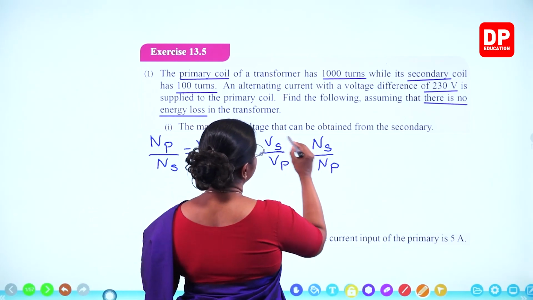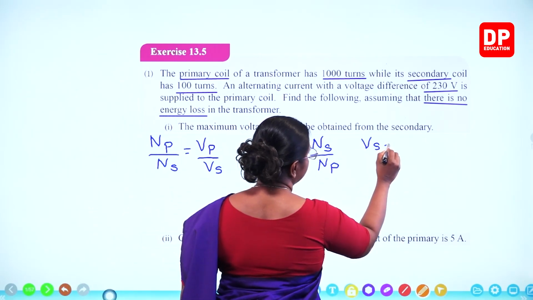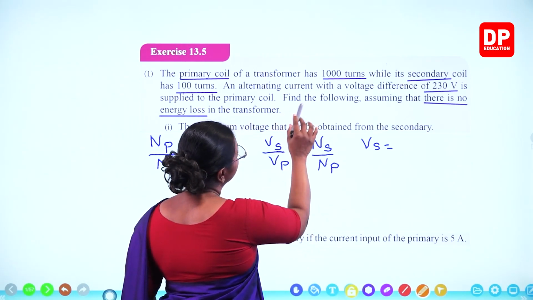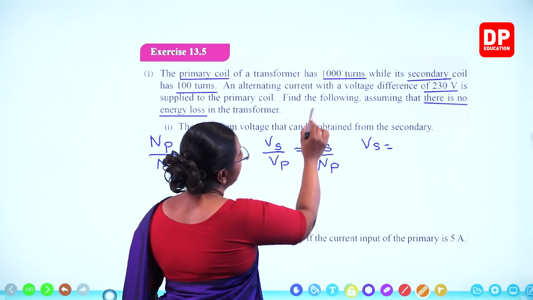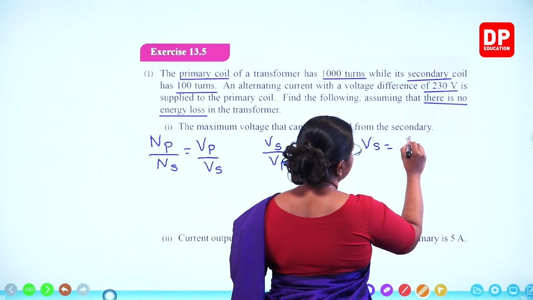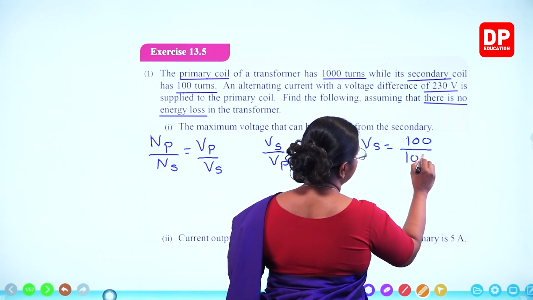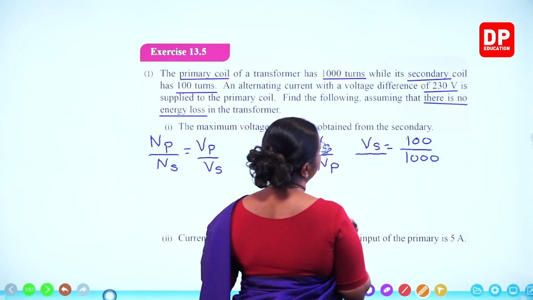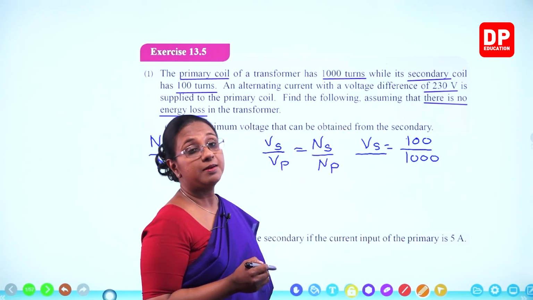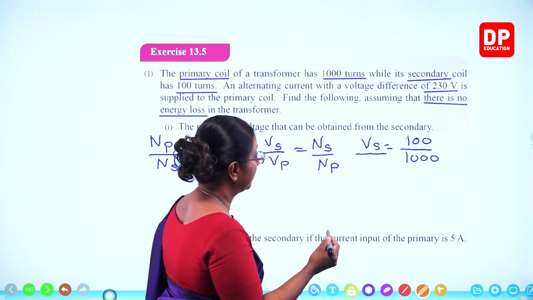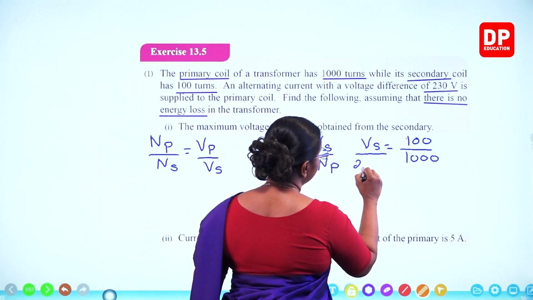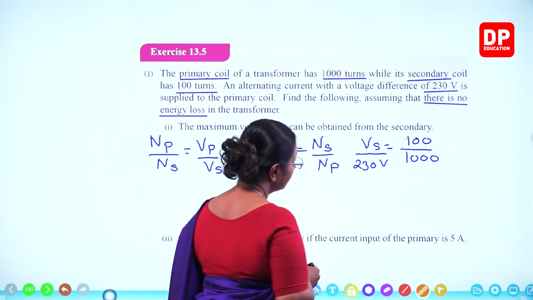So here, we don't know what V secondary is, but we know the rest of the values. N secondary is 100 turns. N primary is 1000 turns. And we also know the primary input voltage, that is 230 volts.